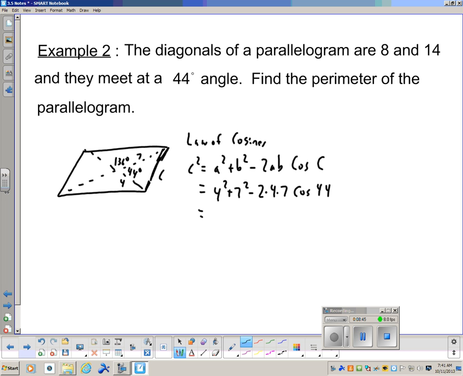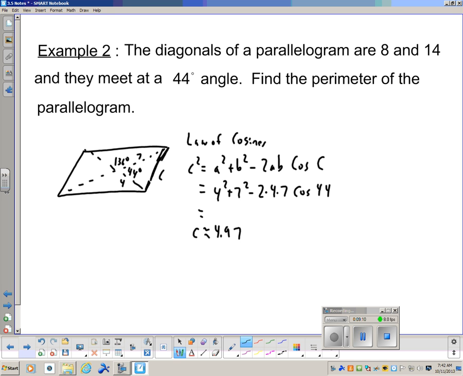And when you get your answer, don't forget to take the square root so you can plug that directly into your calculator. I'm taking the square root of my answer, and I'm getting that c is about 4.97.